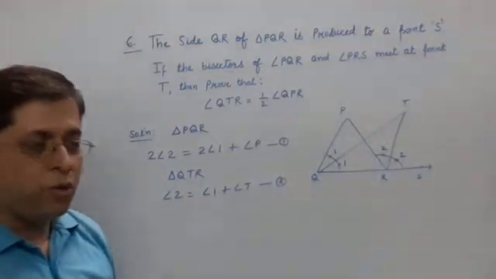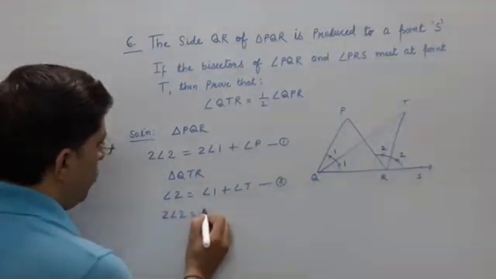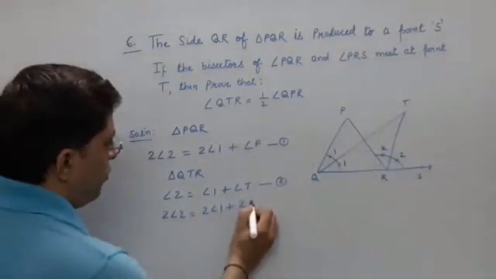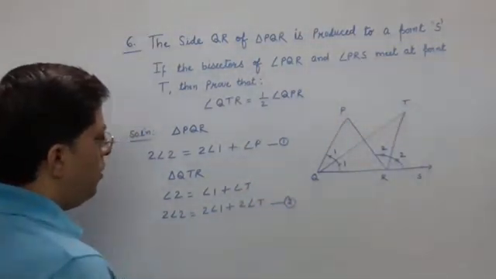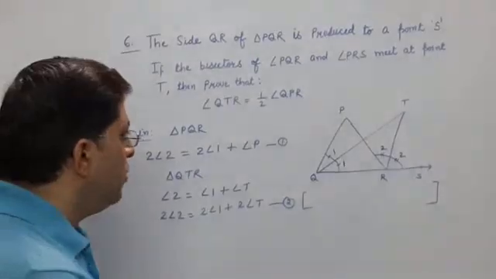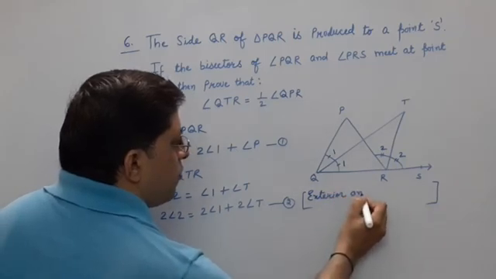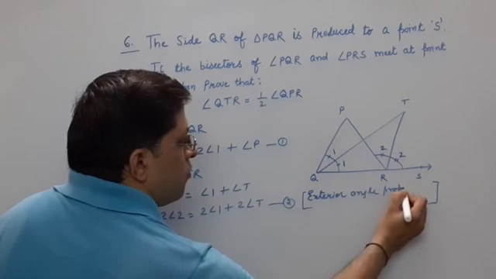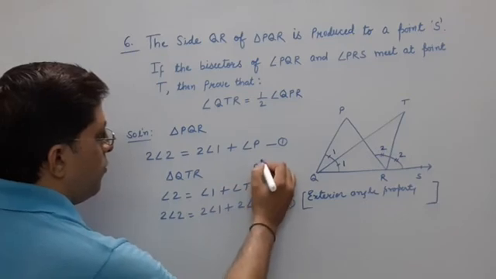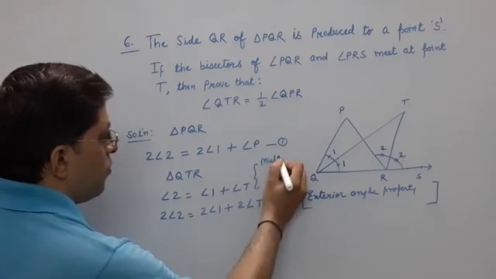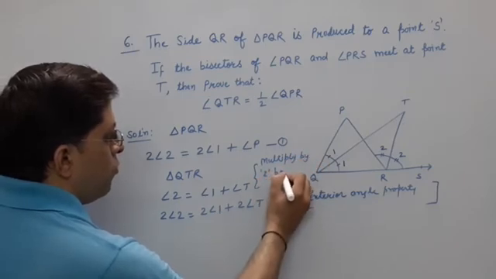I am trying to make it 2 angle 2 here also, so I am multiplying by 2. 2 angle 2 equals 2 angle 1 plus 2 angle T. Now this is your second equation, by multiplying by 2 on both sides, and this is by the exterior angle property.